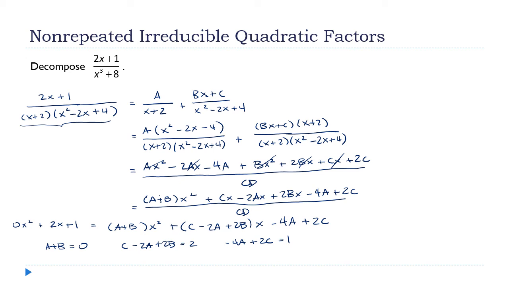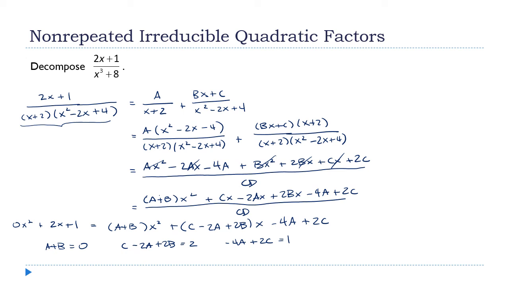Okay. Now what? Well, here's what I'm going to do. I'm going to eliminate the B. This is the part where you've got to be a little creative. I'm going to eliminate the B from the second equation, because when I do, that'll give me an equation that just has A's and C's, and that matches what's in the last one.